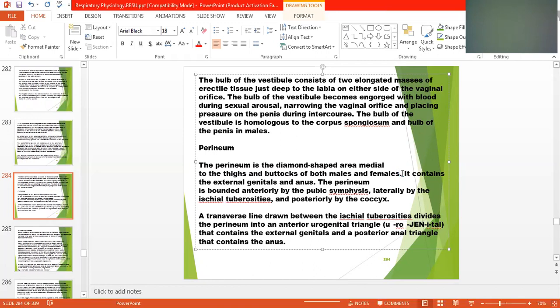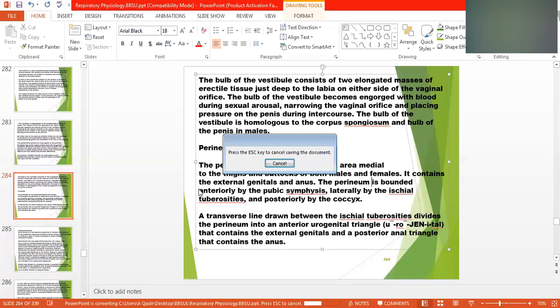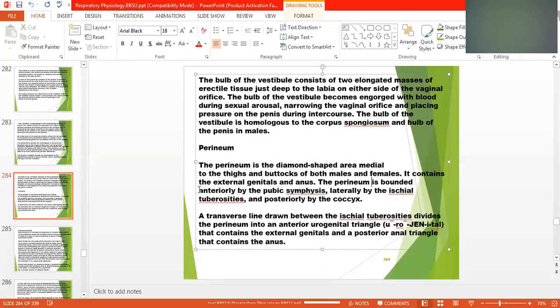The perineum is bounded anteriorly by the pubic symphysis, laterally by the ischial tuberosities, and posteriorly by the coccyx bone.